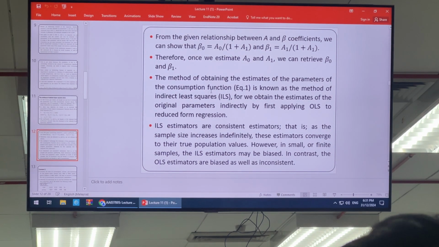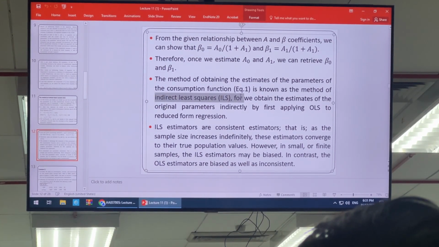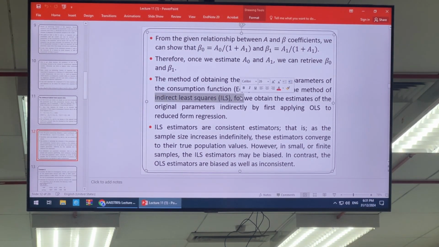So that's what we call indirect least squares. We get the estimate indirectly by using estimates from the reduced form equation, instead of from the original equation.